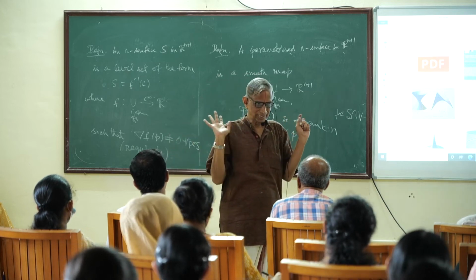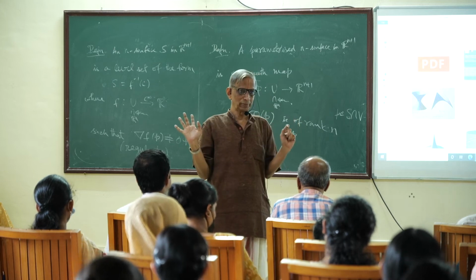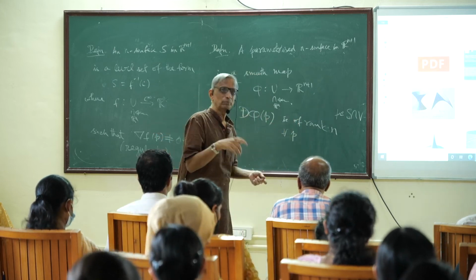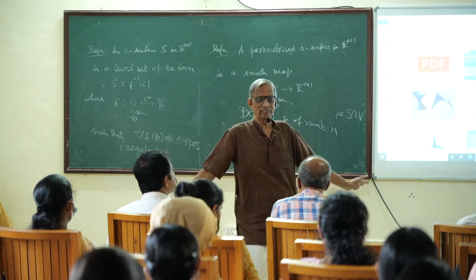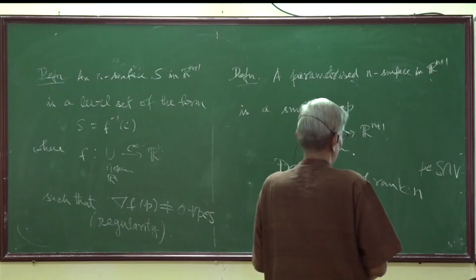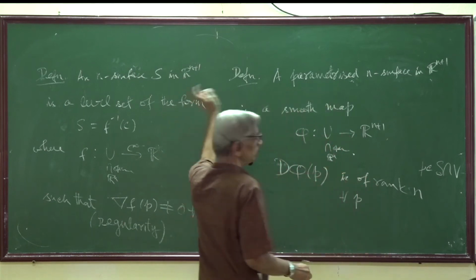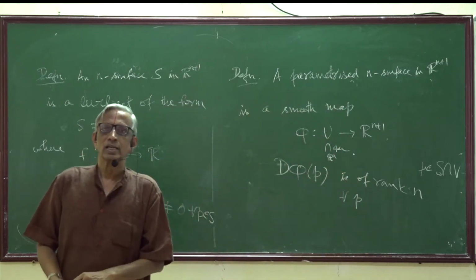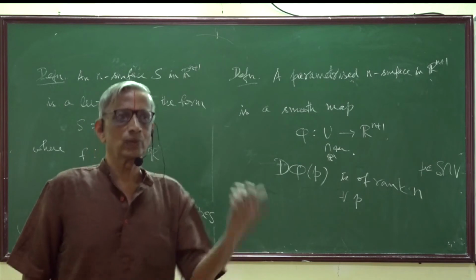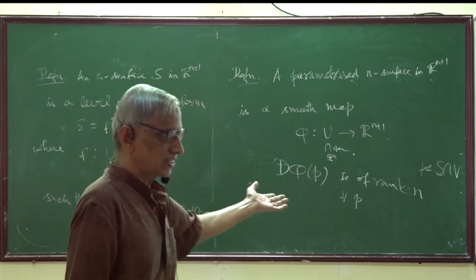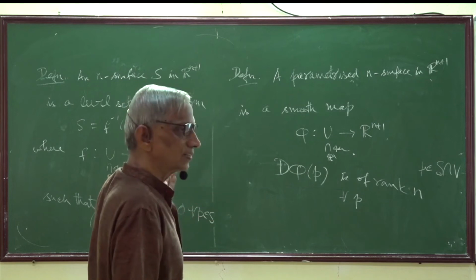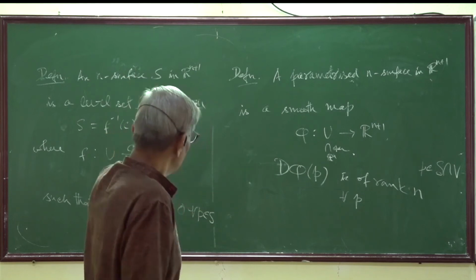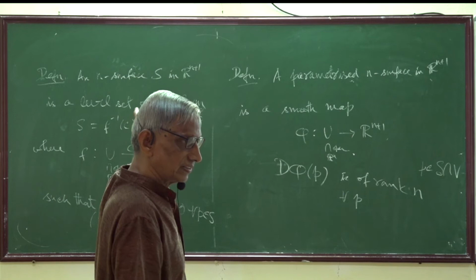All this locally, may not be globally. Because we are interested only in differentiation. Locally, if it is fine, it's fine for us. So, the two definitions, that is, an n surface is locally a parametrized surface, and conversely, a parametrized n surface is a level surface, is an n surface, in this sense, a level surface.